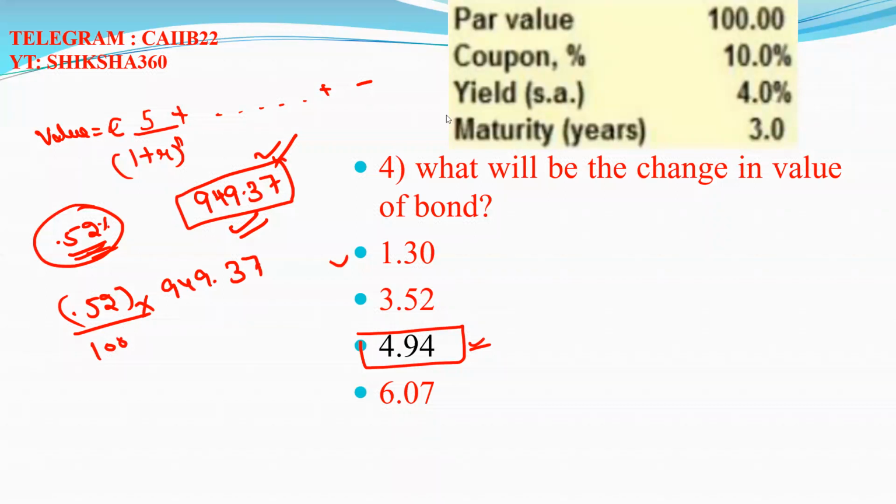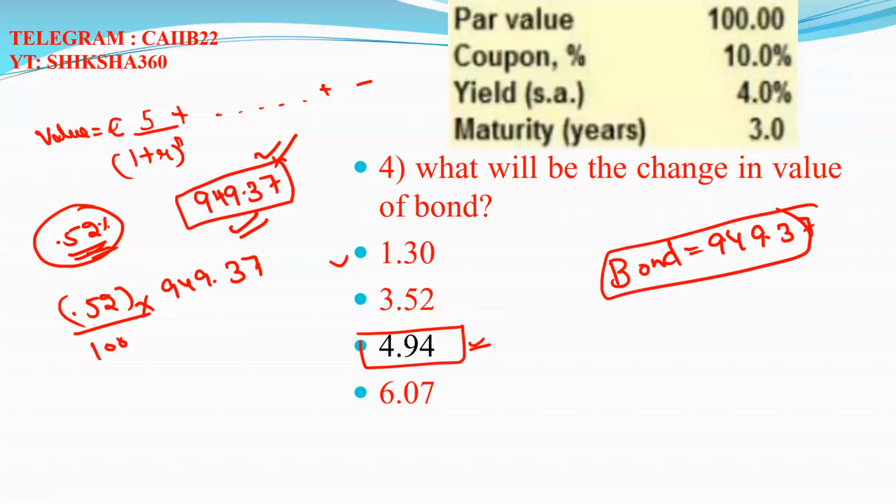You can assume the value of the bond to be 949.37. I will give you the way it is calculated. I will send you the written solution, how we can calculate the value of the bond.